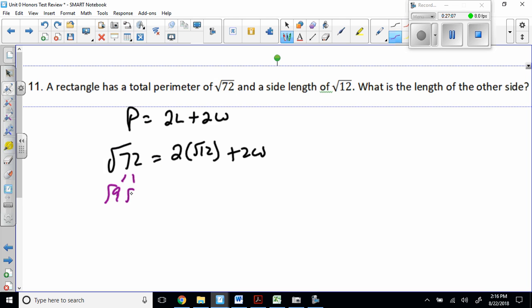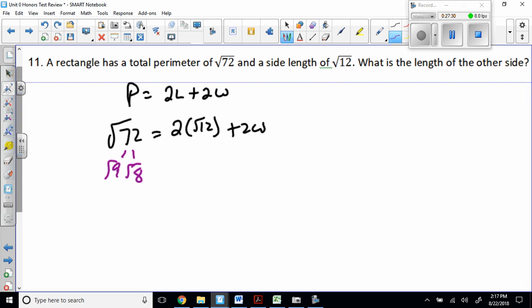Square root of 9 times square root of 8. But if I do that, I have to simplify it again, right? 72, what's the biggest perfect square? Well, if I do that, do you see that I'm going to have to simplify square root of 8 again? And that would be 4, right? So, 36. Yeah, so here we go.